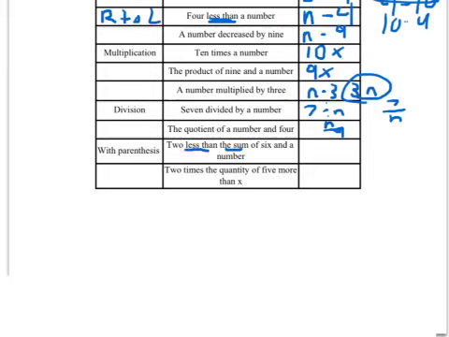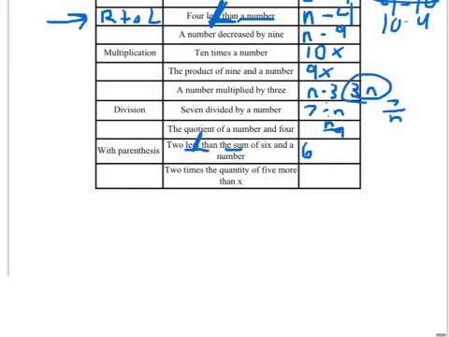Now, this one's a tricky one, because remember what we said would happen when we have that word less than. It's right up here. It means we had to flip those things around. So this less than was like a little dividing sign, so I flipped the number and the 4 around. So here's my little dividing sign. I'm flipping the sum of 6 and a number. That's got to come first.